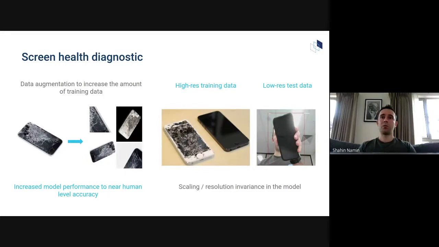Therefore, we had to use techniques to handle the scaling and resolution difference in the prediction time. And we dealt with this problem by choosing different models that were able to handle the scaling and resolution and make the final model invariant to scaling and resolution in the end.